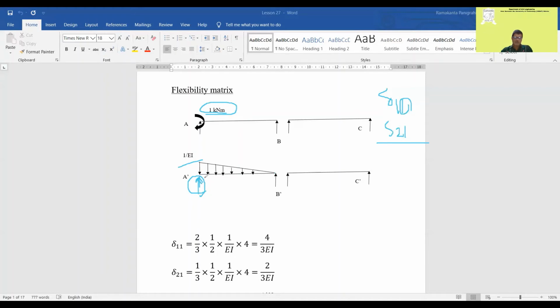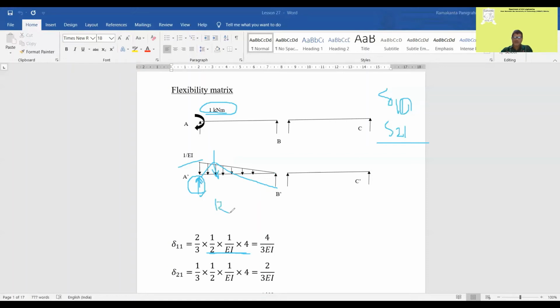Now the total force is a triangle. The area of the triangle is half into 1 by EI into 4. Now, the total load will act at the CG. CG means 2/3 will come here, 1/3 of the load will go here. Or you can find it from the basic equation, taking moment at B dash as 0, and taking moment at A dash as 0, you can find the reactions at A dash and B dash.